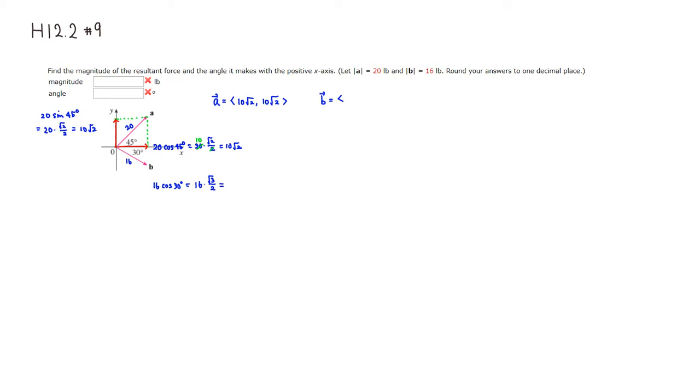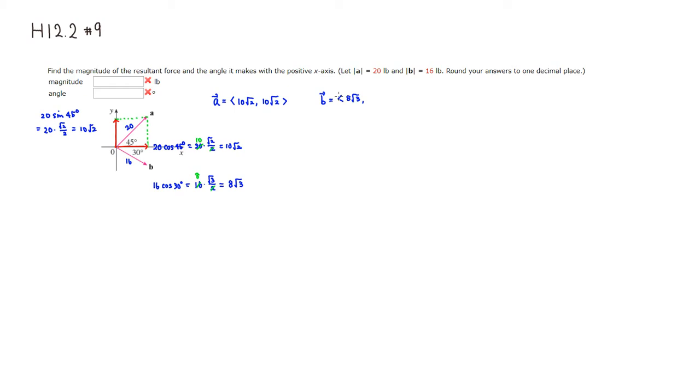We can cancel the 2 and 16, so it's 8 times square root of 3. So the x component is 8 square root of 3.